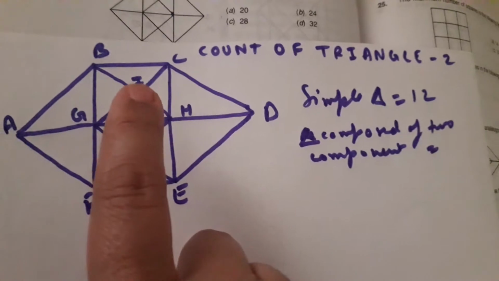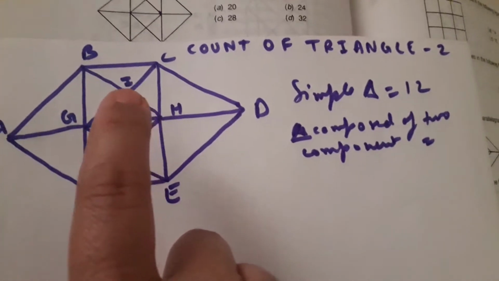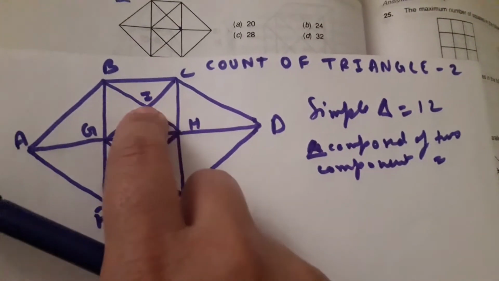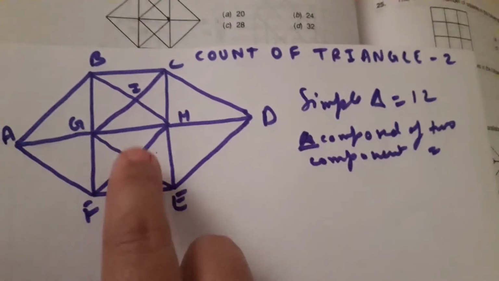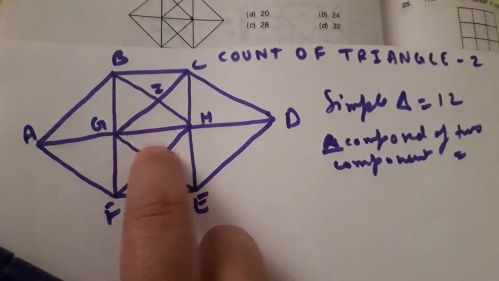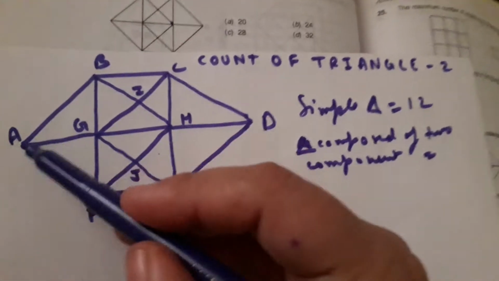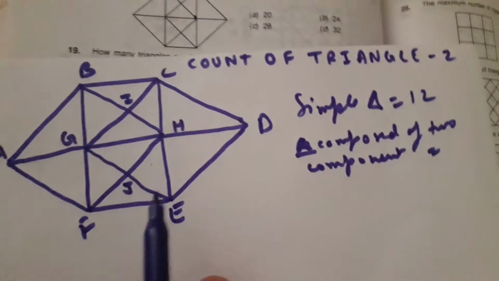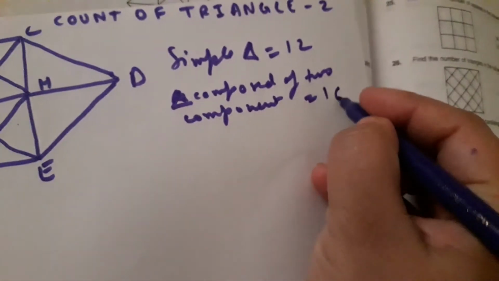Four triangles composed of two components. It means here they are composed of two components. How many triangles are there? Four. In this also four. 4 plus 4, 8. After that this one 9 and this one 10. So triangles composed of two components in this figure is 10.